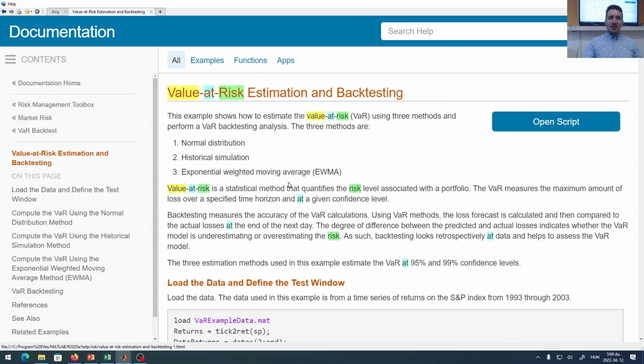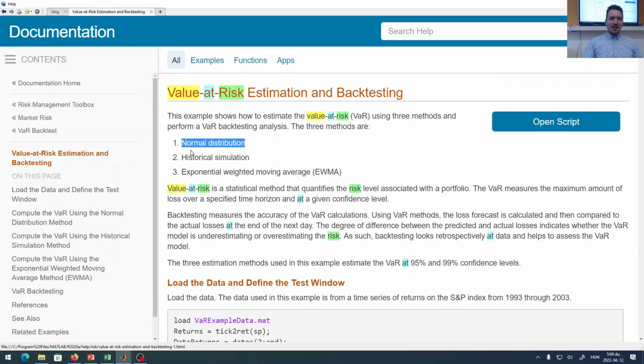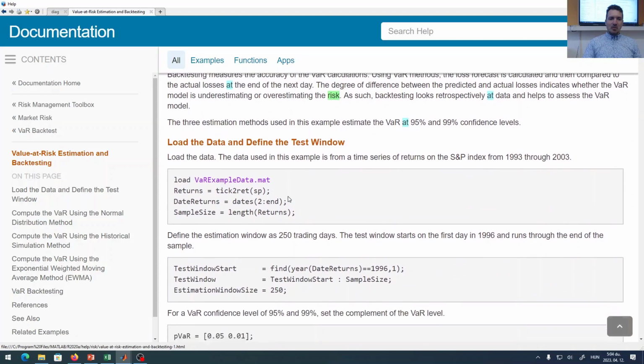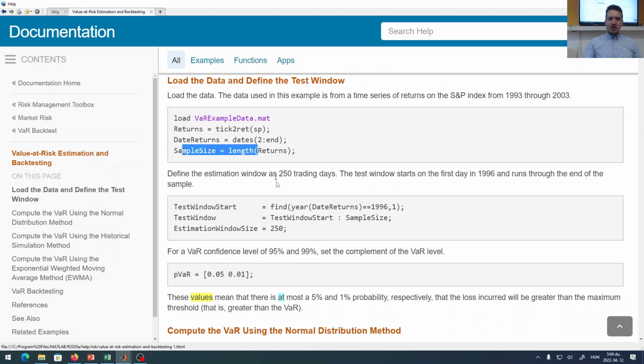Value at risk estimation and backtesting. So we can have normal distribution, we can have historical simulation, and we can have the exponential moving average EWMA approach.